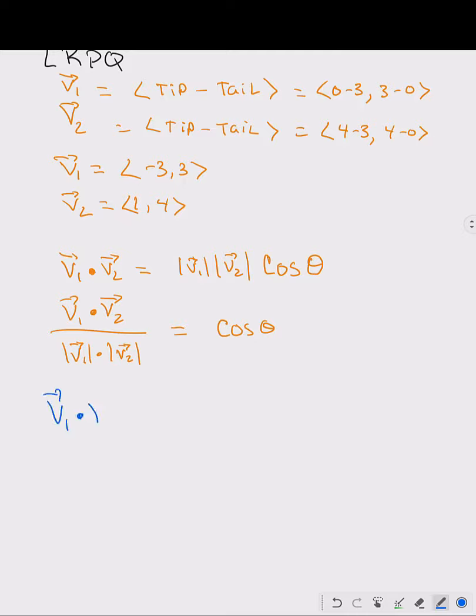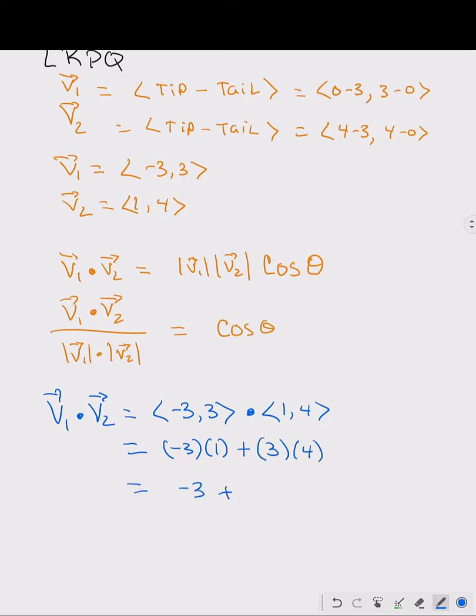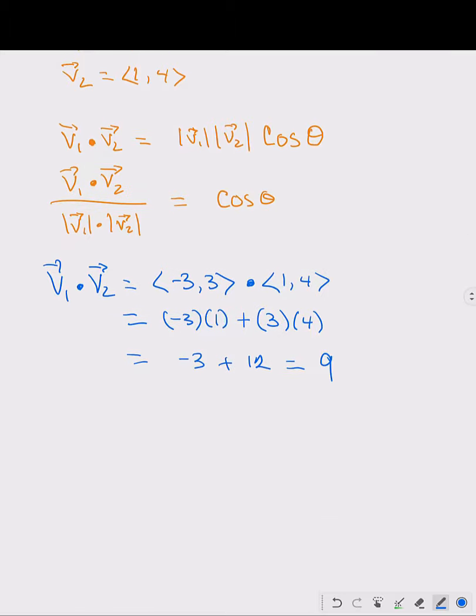So what is the dot product between those two vectors? The dot product of V1 dotted with V2 is (-3, 3) dotted with (1, 4). So that's -3 times 1 plus 3 times 4, or -3 plus 12, which equals 9. Okay, so that's the dot product.